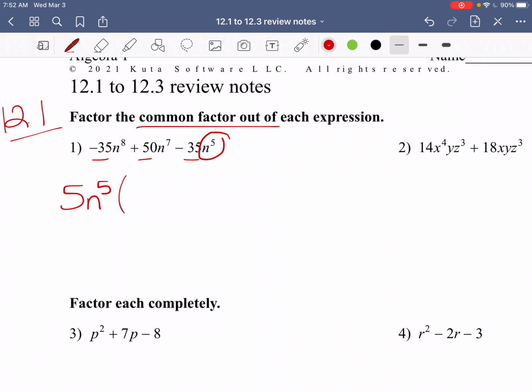And then what you're left with is everything after you divide by 5 and n^5. So that would give you -7. And remember, you're subtracting your exponents. So you have n^3, 15/5 is 10, and we have n squared. n^5 and n^5 cancel, and you're left with -7.